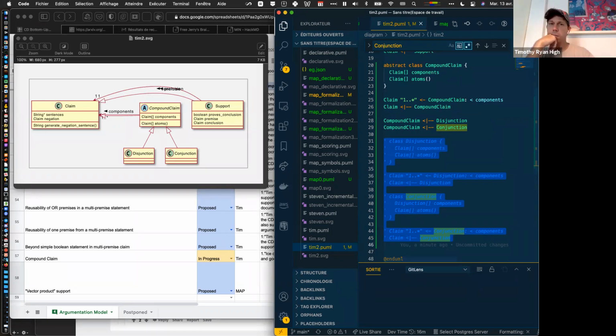Now, we have a problem here with this model. Tell me. Which model is this that we're using? This is the Tim model. We've been doing this off of the Tim model, in which case we don't have a problem. The problem I was going to state is that in the Stephen model, you have to state for each and every claim in the compound claim whether you're using the claim or its negation.